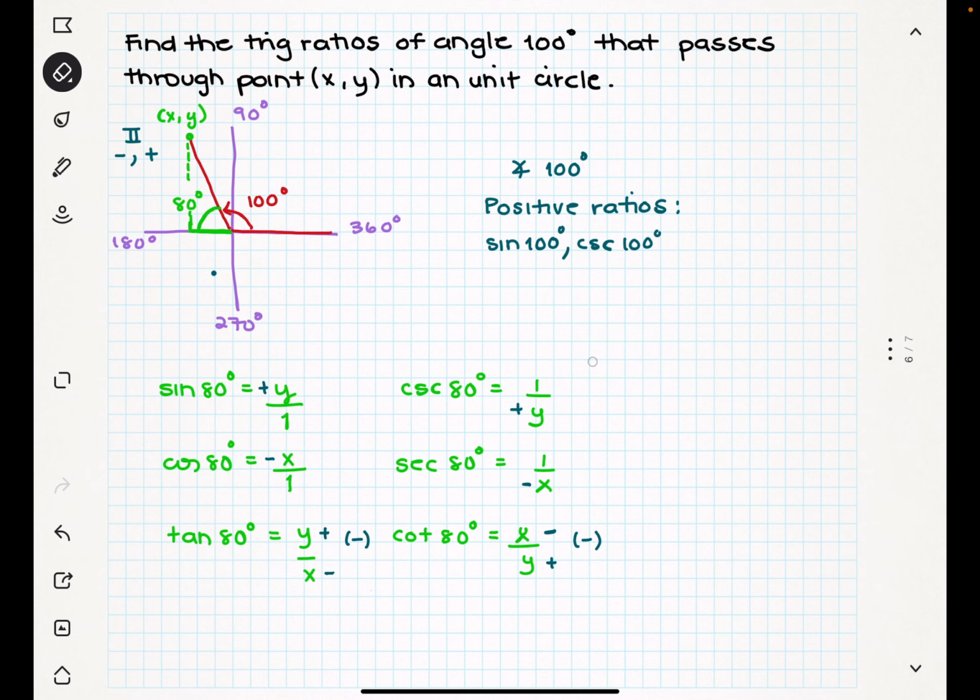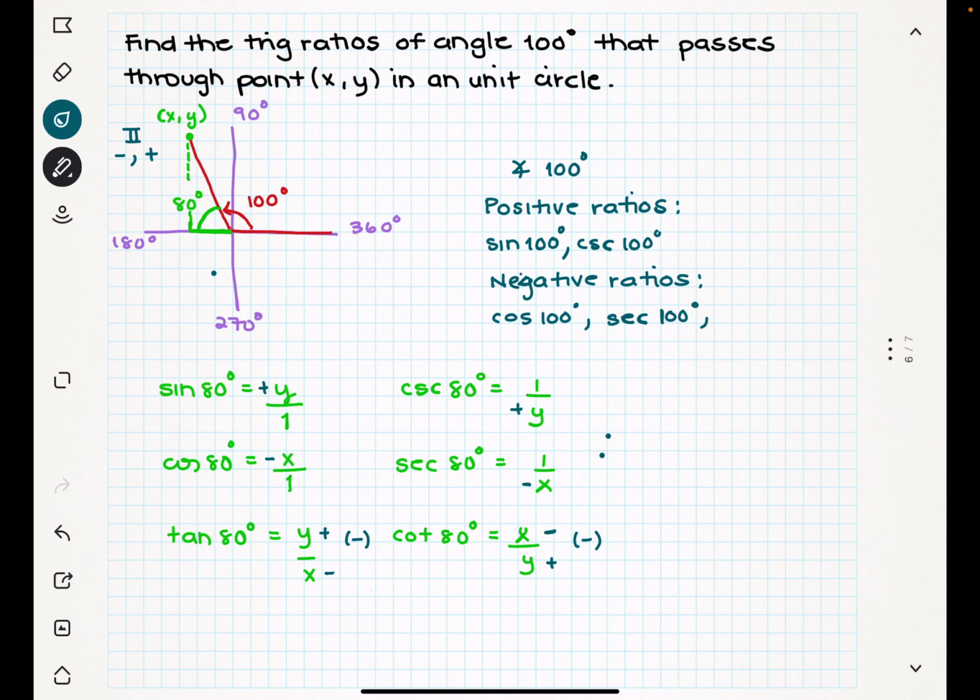Now my negative ratios are going to be cosine, secant, tangent, and cotangent.